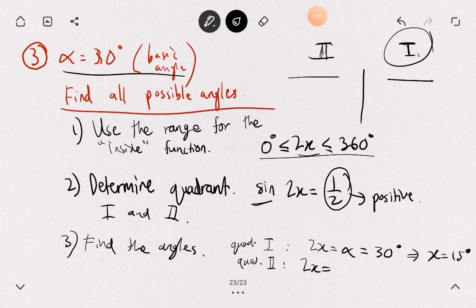Remember, if this is alpha, in quadrant 2 the angle we are interested in, this also must be alpha.